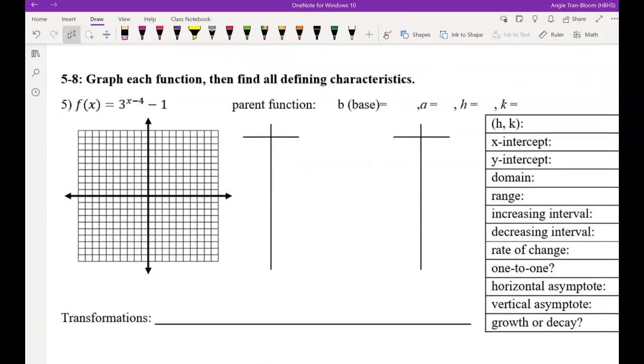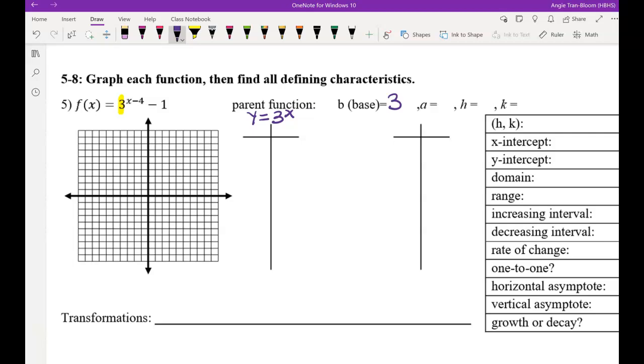5 said f of x equals 3 to the power of x minus 4, minus 1. And first, your base is 3. So that allows us to write your parent function: y equals 3 to the x. Yes, write it right away. Then we are going to say, okay, your b value is 3. So that's why it's y equals 3 to the power of x.